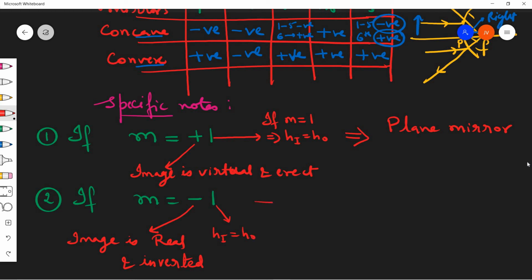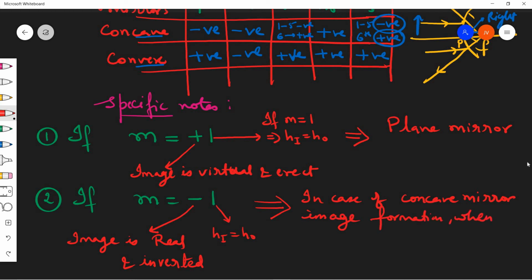And magnification equal to -1 is only possible in case of concave mirror image formation when object is at C, when position of object is at the center of curvature.